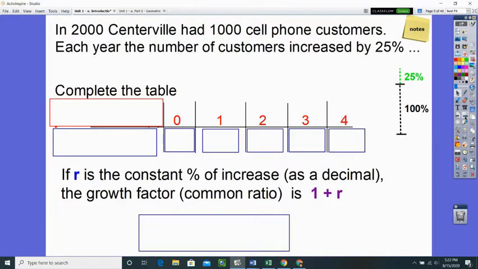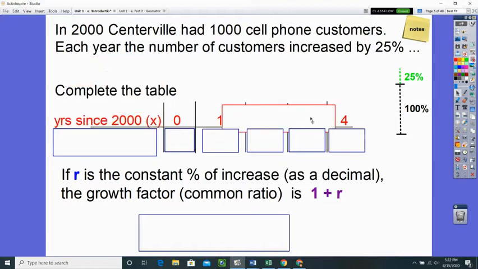So here's an example. In the year 2000, Centerville had 1,000 cell phone customers. Each year, the number of customers increased by 25%. I'm going to complete a table, and we're going to try to talk about writing a function here. So the 0, the 1, the 2, the 3, the 4, that's going to be your number of years since 2000.